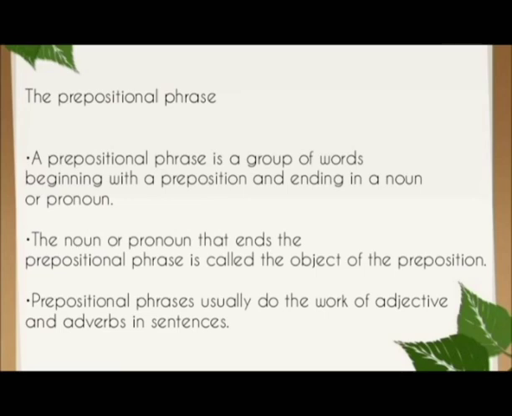Okay, the next to explain is prepositional phrases. A prepositional phrase is a group of words beginning with a preposition and ending in a noun or pronoun. The noun or pronoun that ends the prepositional phrase is called the object of the preposition. Prepositional phrases usually do the work of an adjective or adverb in the sentence.